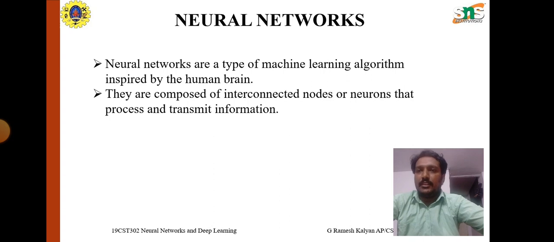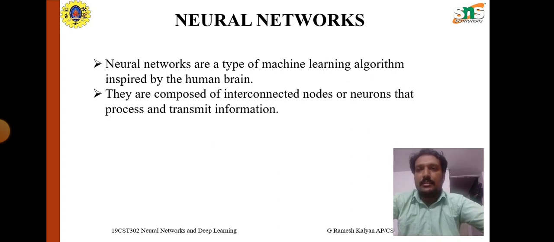So, initially, a neural network is a type of machine learning algorithm that is inspired by the human brain. These are composed of interconnected nodes or neurons that process and transmit information. As we know, the human brain is composed of many neurons. These neurons are interconnected, and they play an important role in all the activities.